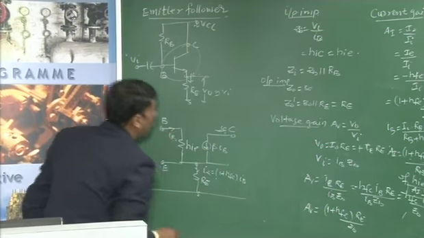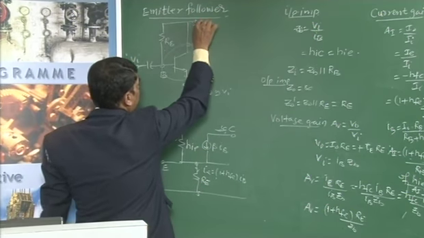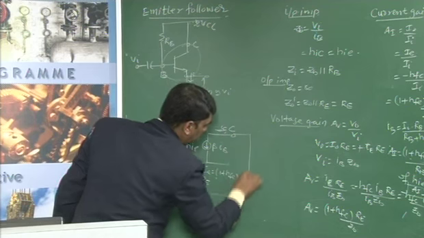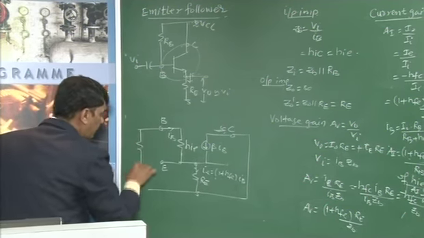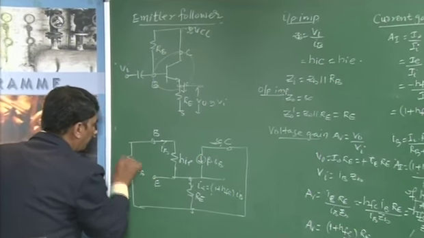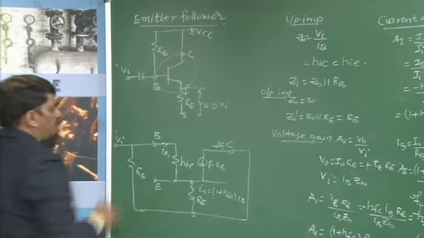The collector is connected directly to ground, and RB is connected between this point, where the input is applied to this circuit.